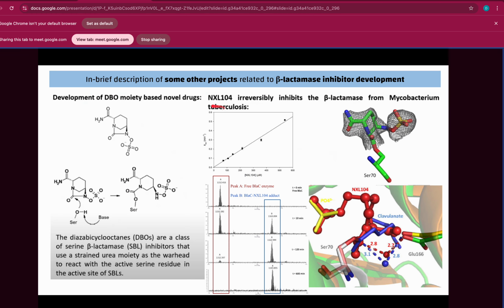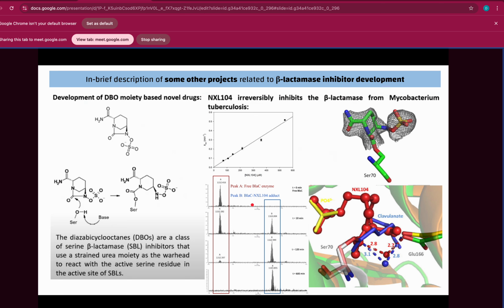So an example of this drug is NXL104, which irreversibly inhibits the beta lactamase from Mycobacterium tuberculosis. So this particular study was specifically done on beta lactamase obtained from Mycobacterium tuberculosis, and it was observed that as the concentration of this NXL104 increases, its activity was also increasing, and then this peak calculation was done.